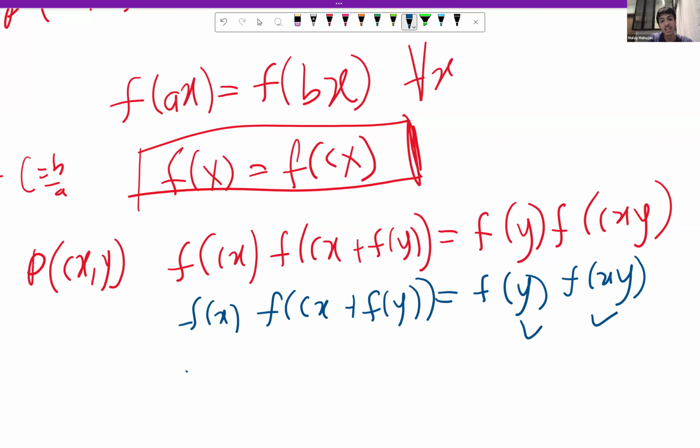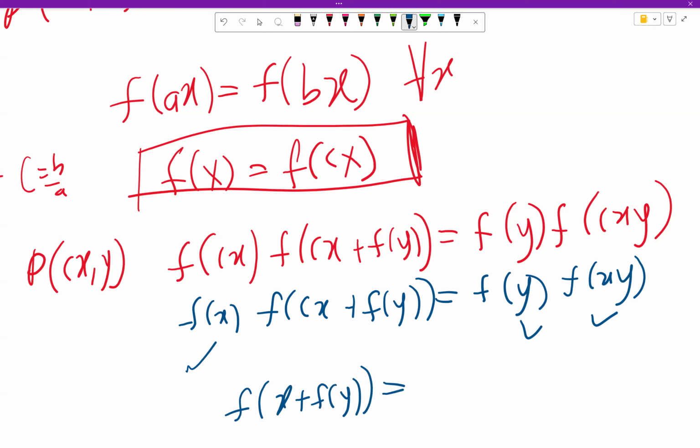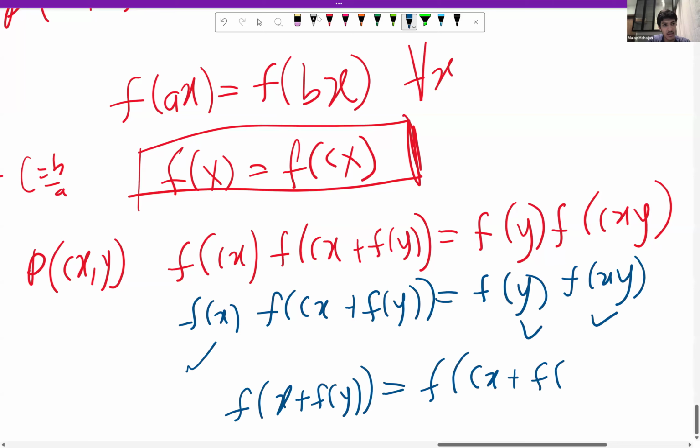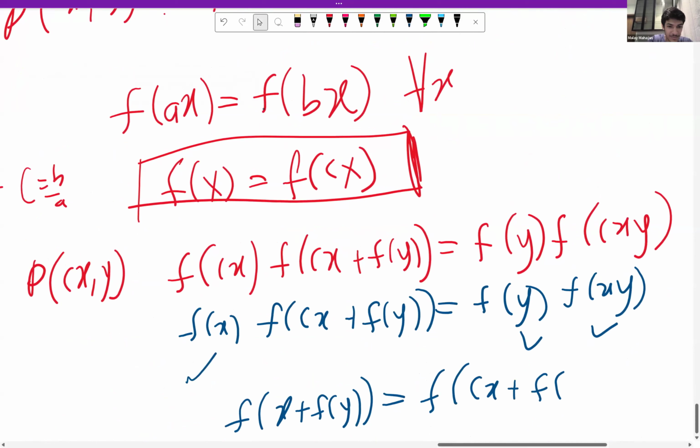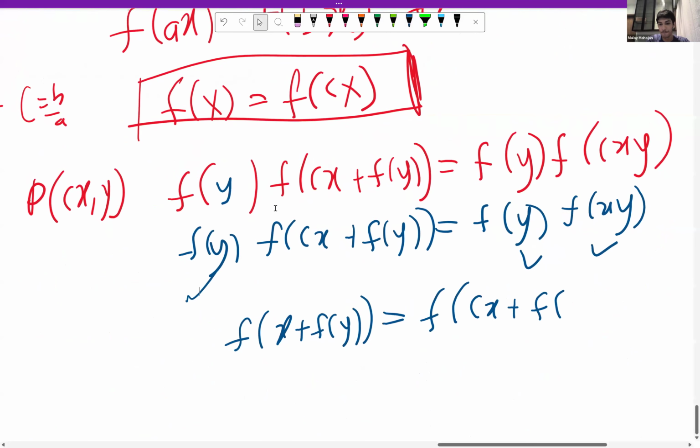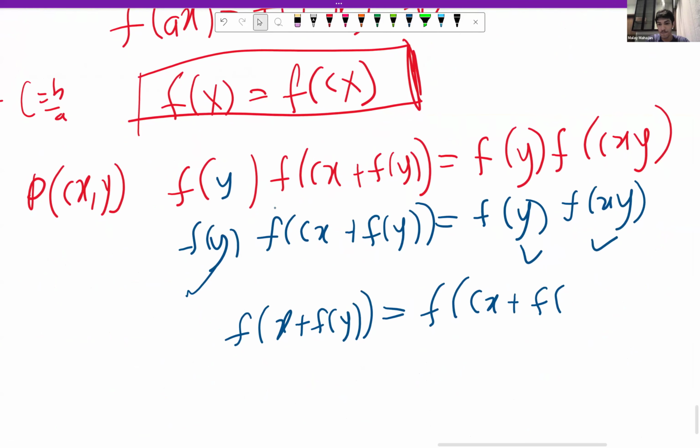Remember, these three terms are same as those in the given equation. So I can infer f of x plus fy. The first term was y. Isn't the first term like f of y? Sorry. Yeah. Nothing changes there as well. So you get this.